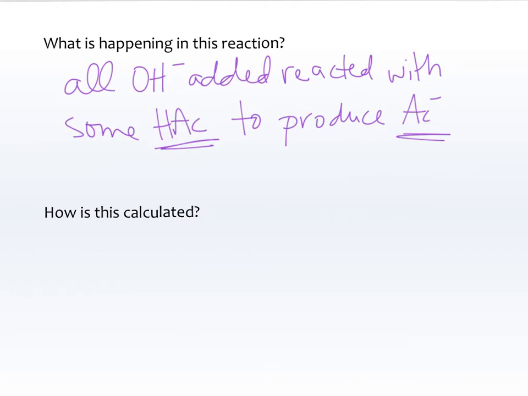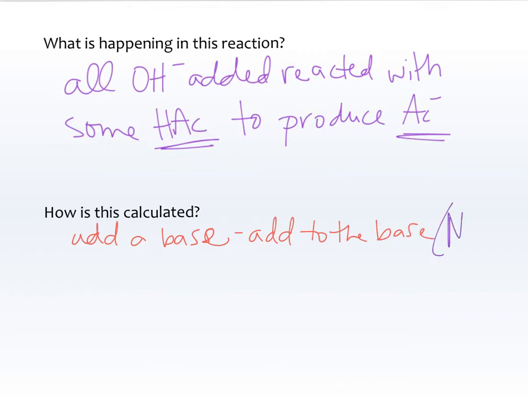So how is this calculated? Well, when you add a base, it adds to the base. But what's important here is it adds to the base moles, not adds to the base molarity.